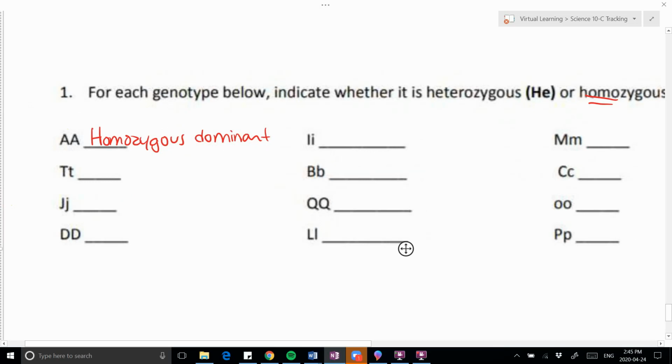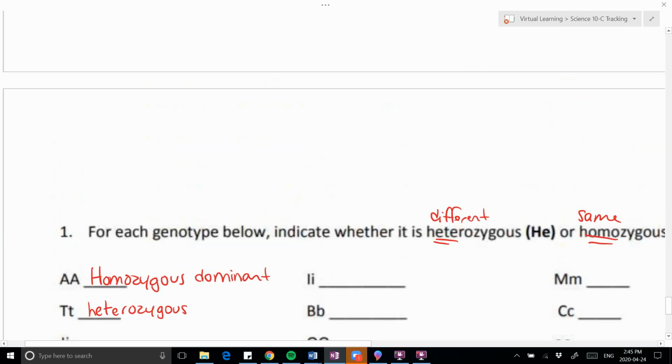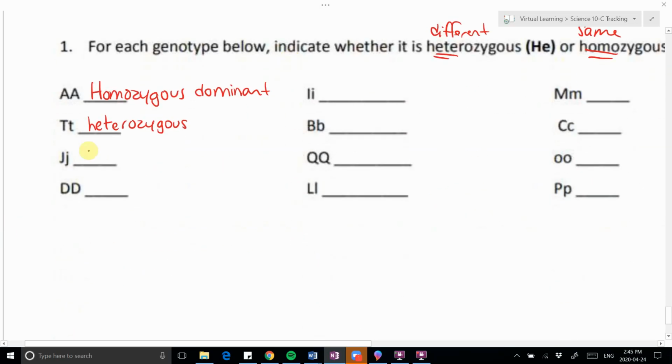Same or different? Those are different. Different is hetero. Remember, homo is the same. So that means that's heterozygous. Same or different? Different. Different is heterozygous.